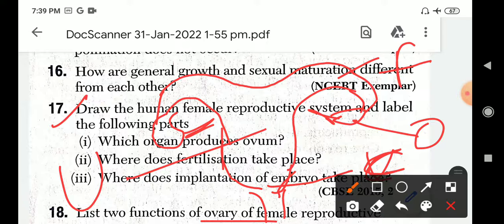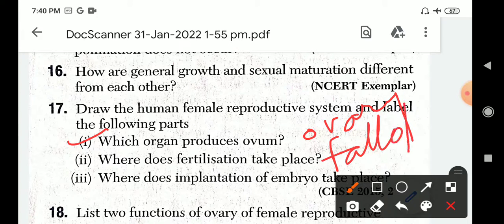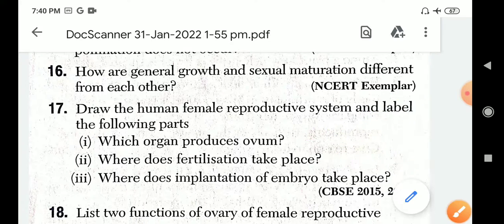So you can label the following parts also, and the parts which are especially asked here: which organ produces ovum. So you all know what is the answer, ovary. Then second is, where does fertilization take place. So fertilization always takes place in the oviduct, or you can say fallopian tube. The next is, where does implantation of the embryo take place.